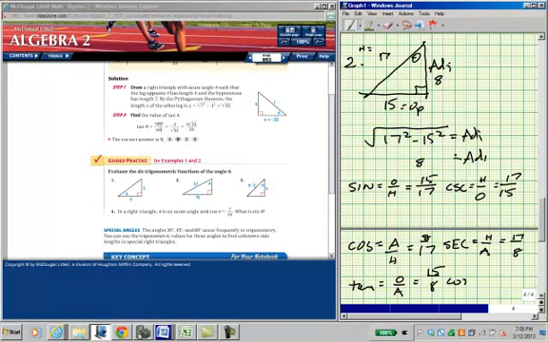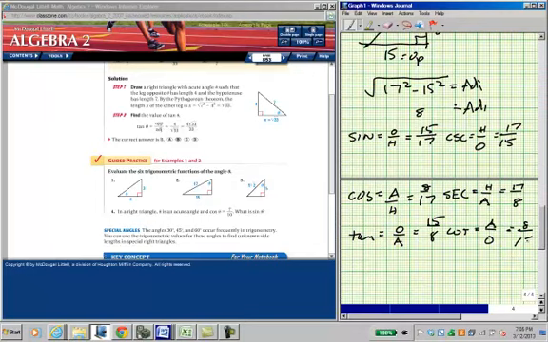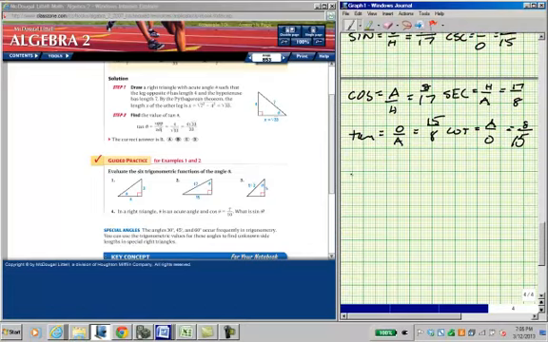And the cotangent equals the inverse of the tangent, that's adjacent over opposite, which is 8 over 15. Okay, now let's do 3.